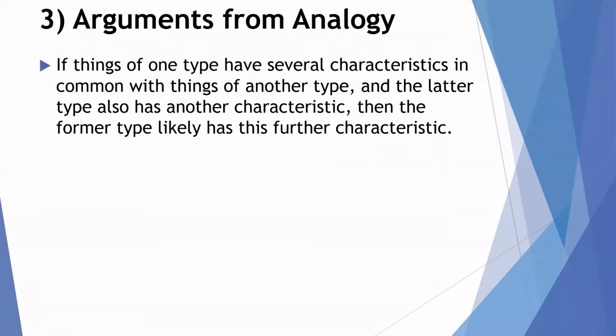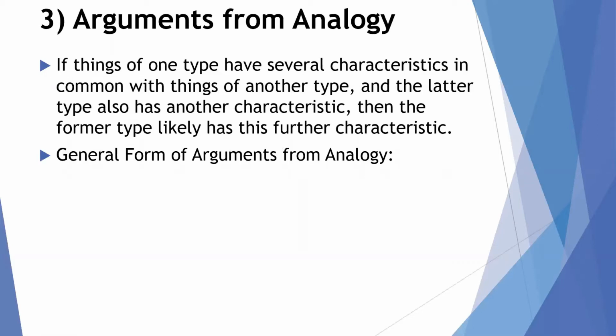If things of one type have several characteristics in common with things of another group, and the latter group also has another characteristic, then the former type usually has that further characteristic as well. So we could express the general form of arguments from analogy in this way.